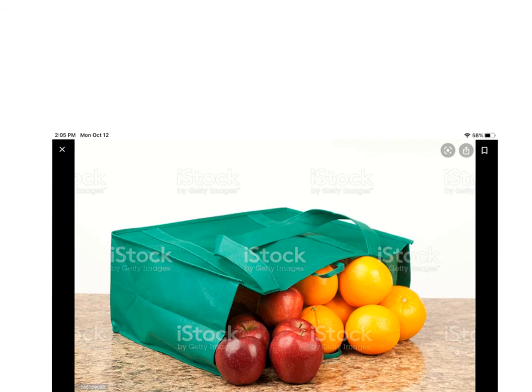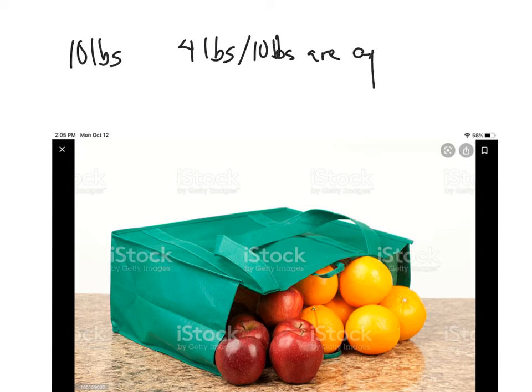So an example here, the FFA always has some holiday fruit sales coming up, and if you look here right now, you can see a bag of apples and oranges. Now, this bag of apples and oranges might weigh 10 pounds, but there are two ways to look at it. It might be saying that 4 pounds of the 10 pounds are apples, which would be 40%, right?